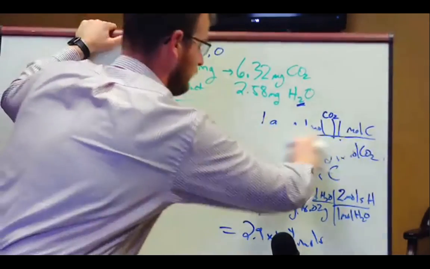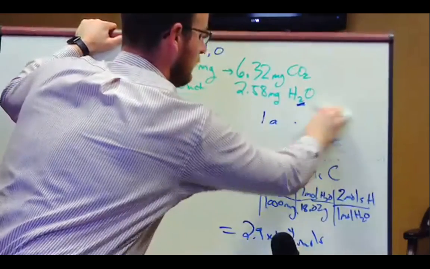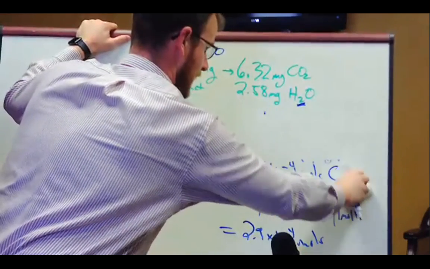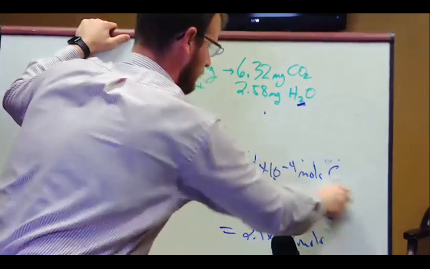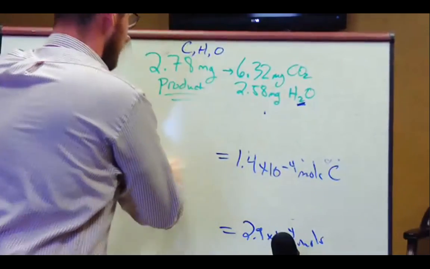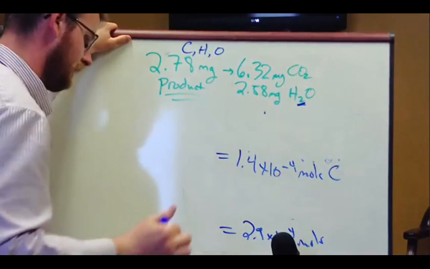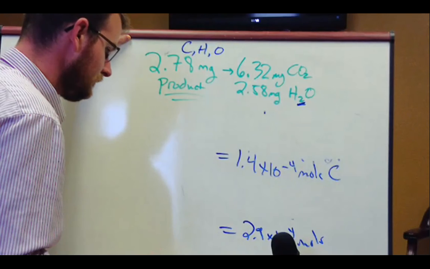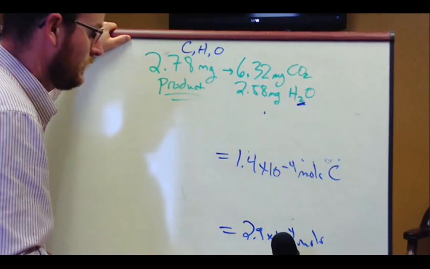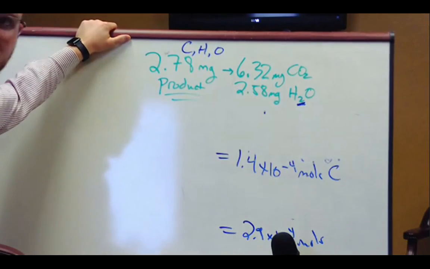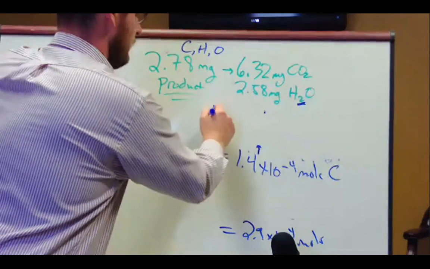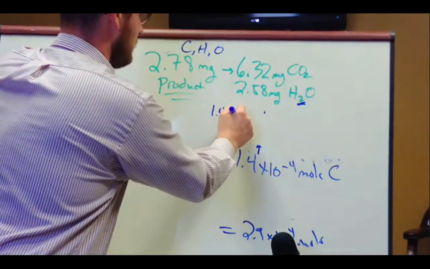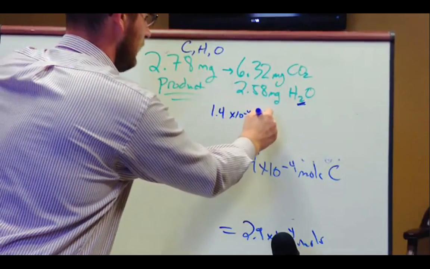We know how many moles of carbon we have, and we know how many moles of oxygen we have. So let's think about how we find out the moles of oxygen. Well, we can't directly calculate the moles of oxygen, so let's convert this. So we have 1.4 times 10 to the negative 4th moles of carbon.